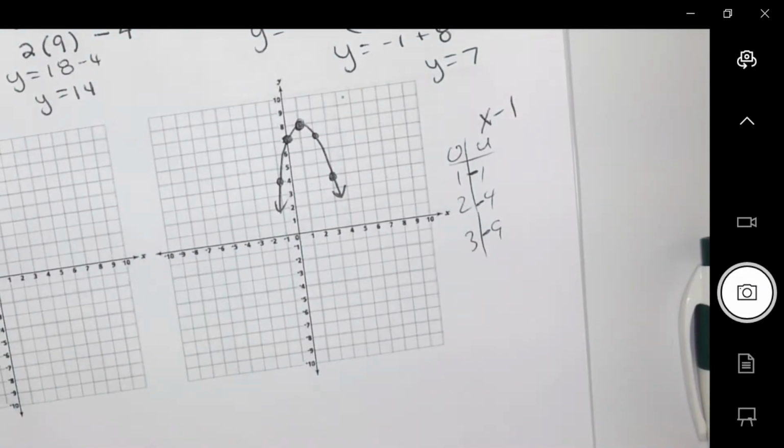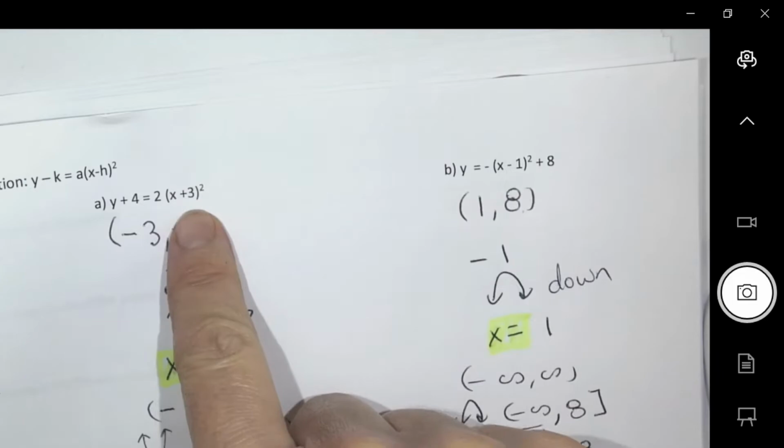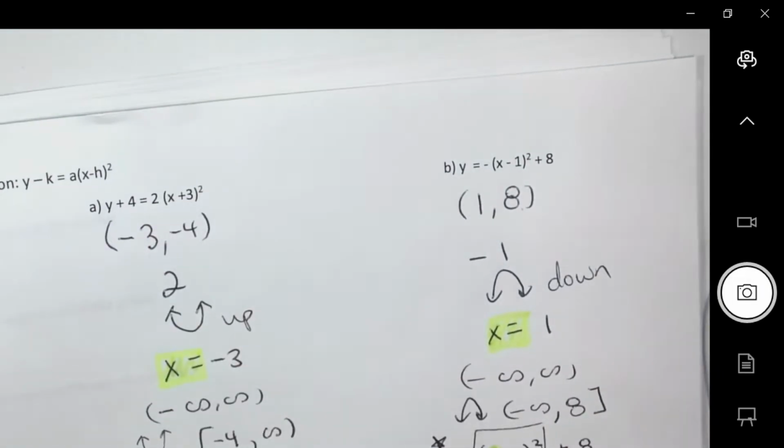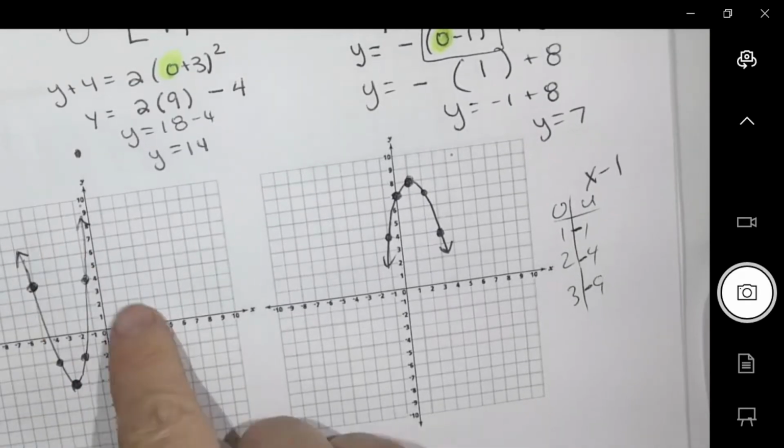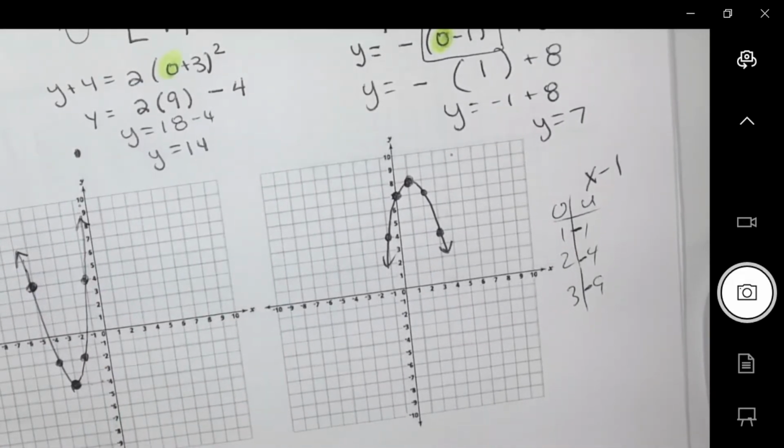Okay, and on the test, I kind of have this same format. So on the test, you'll have a question like that, get me all that, and graph it. And when you graph it, you're going to have to do 5 points. So you can see there's my 5 points.